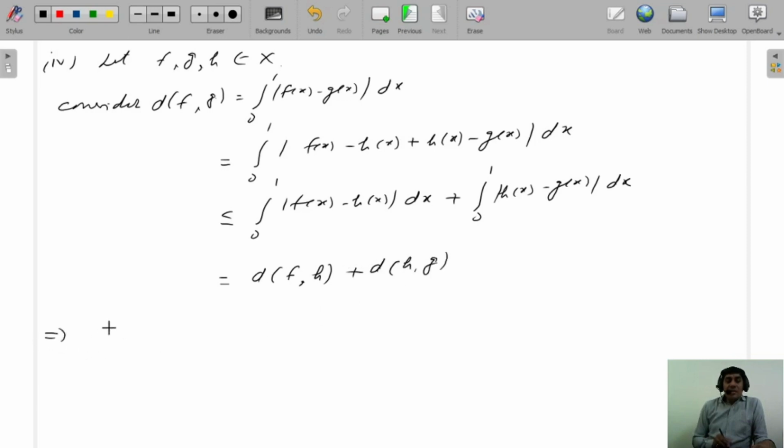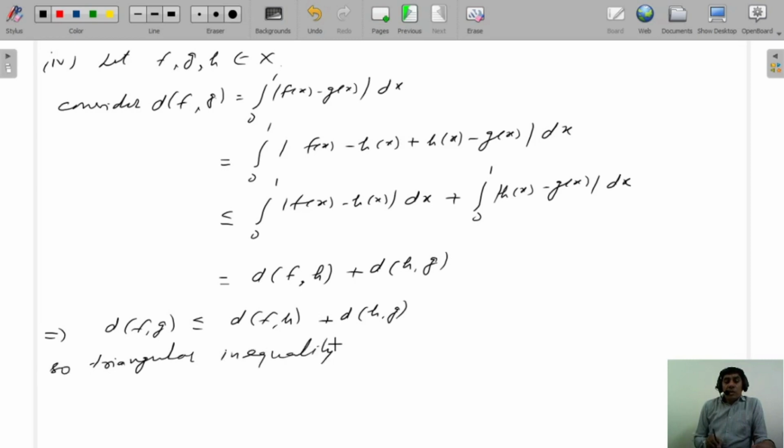This implies d(f,g) is less than or equal to d(f,h) plus d(h,g). So triangular inequality is also satisfied.